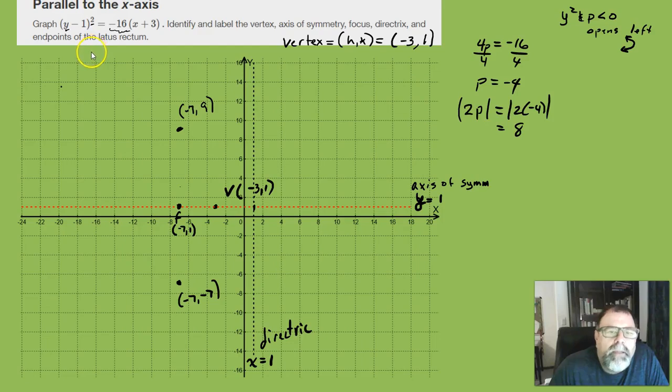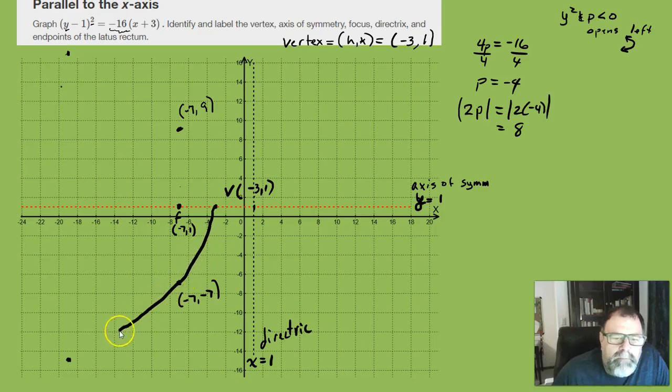So that would be at 19, right about there. And then 16, so that would be here. 16, so 3 and 16 would make 19, right there. And then make my parabola connect those 5 dots.